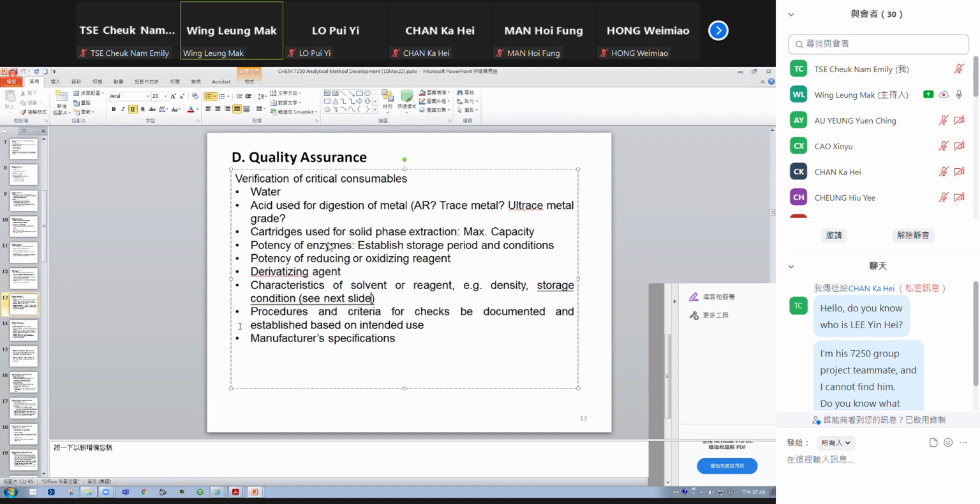See next slide. Procedure and criteria for checks of the documents are established based on the intended use. You need to follow the procedure and any manufacturer's procedure on how to use this chemical or apparatus as well.